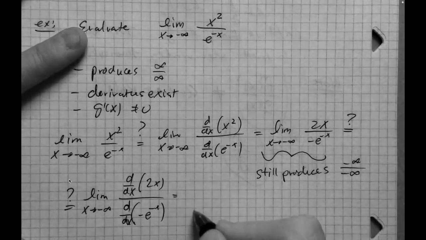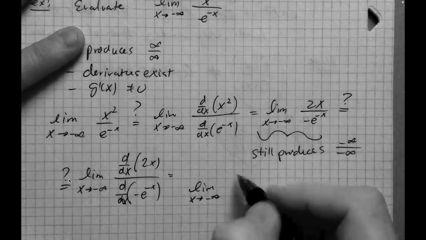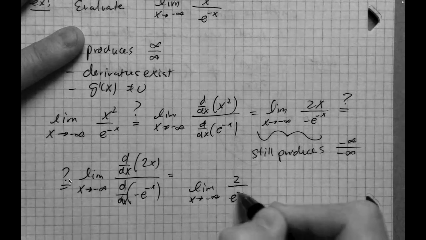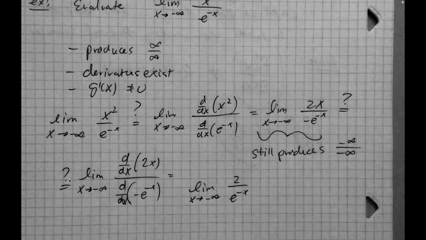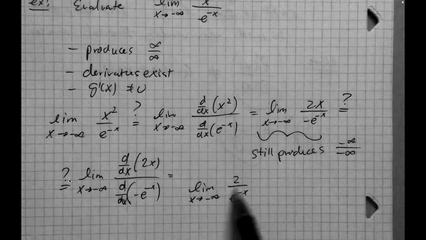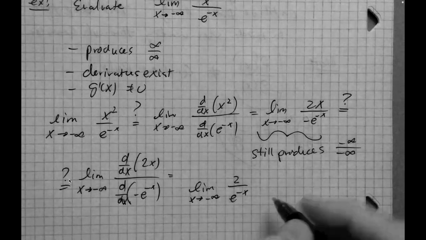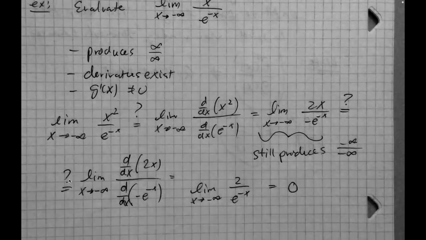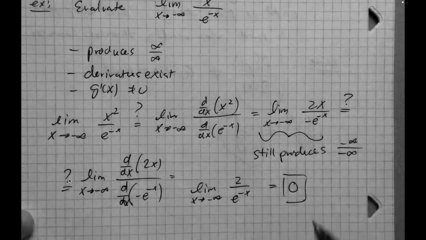We would get the limit as x approaches negative infinity of 2 over e to the negative x. Now what happens here? Does this look better? It does indeed, because now we have 2, and this denominator is going to grow without bounds, so this gives us a nice determinate form, 0.